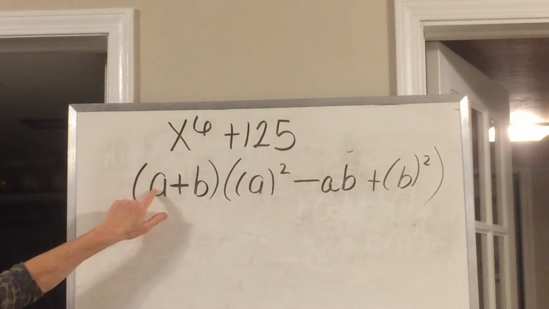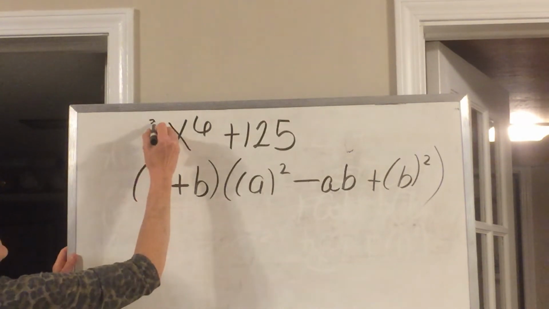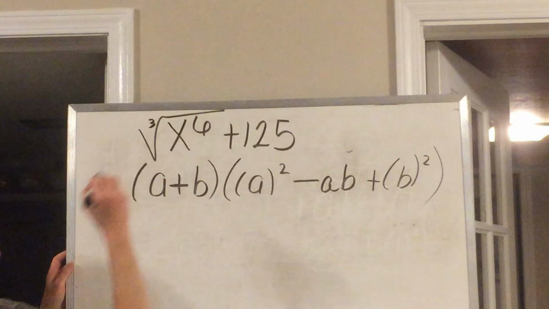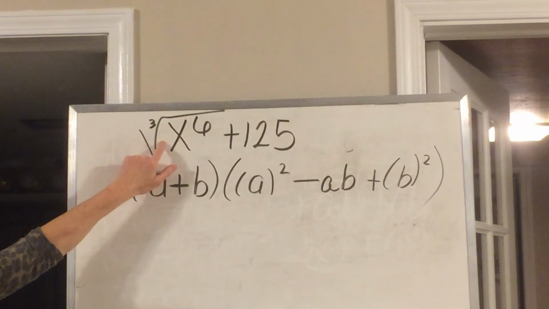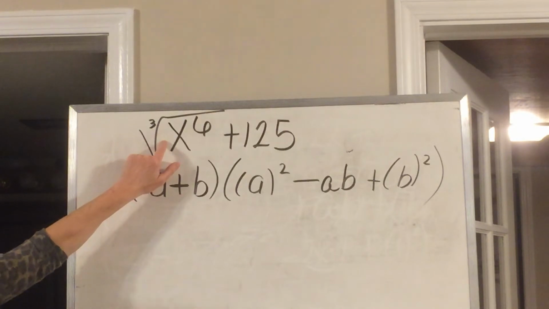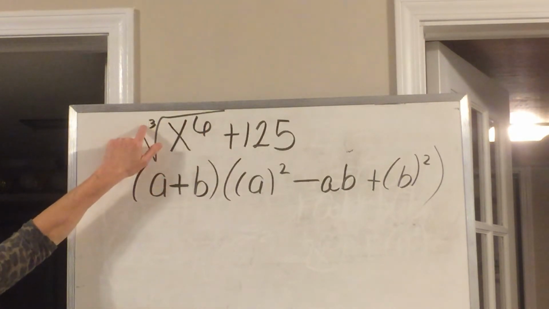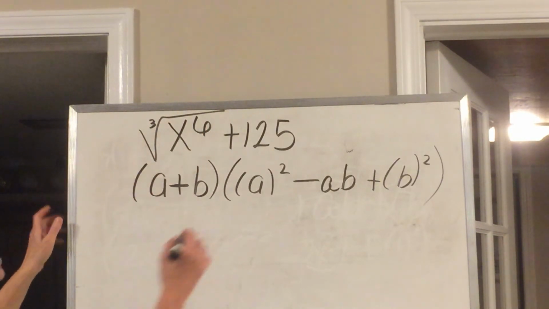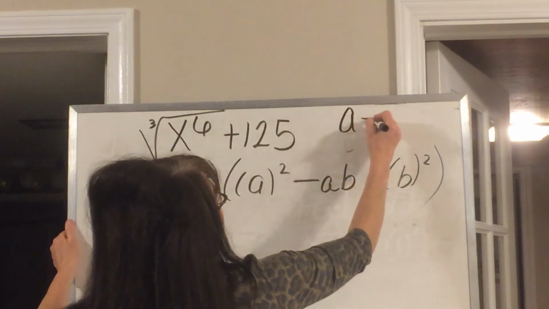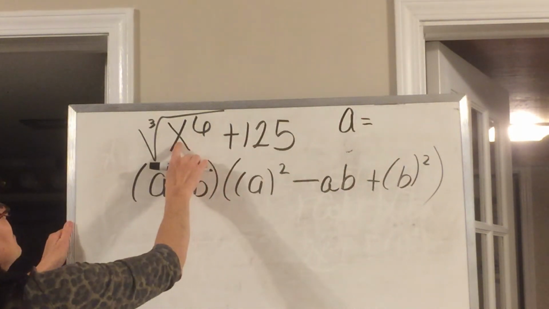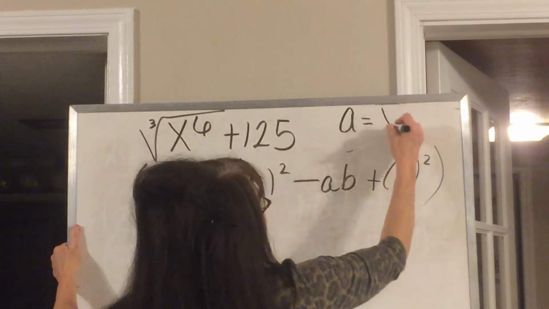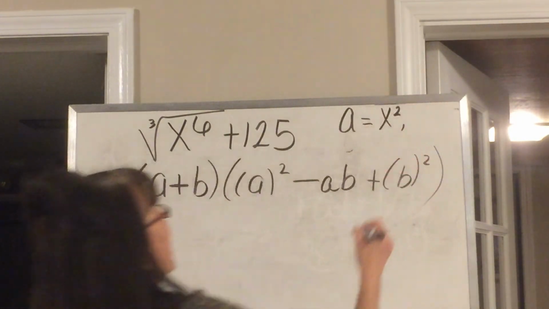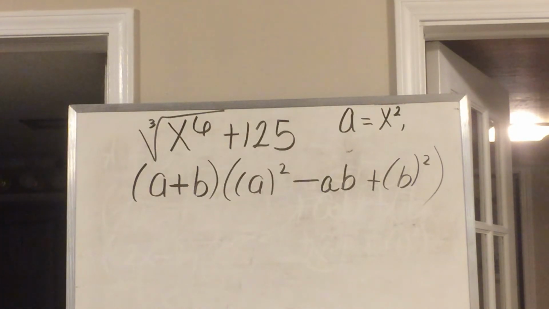Now, how do you find A? Take the cube root of whatever comes first. Well, how do you take cube root of variables? You divide them. So A is going to be x to the 2nd power. So every time you see A, you're going to replace it with x squared.